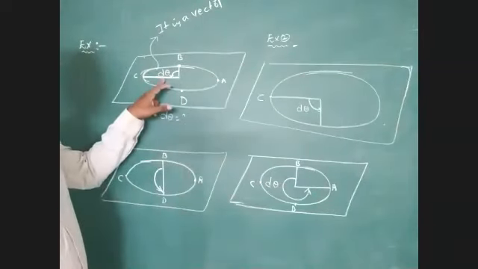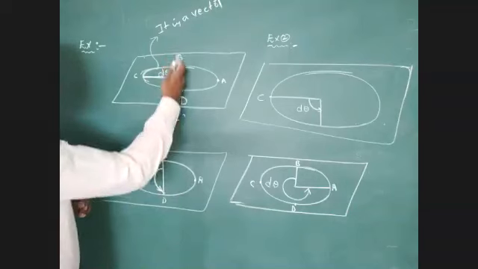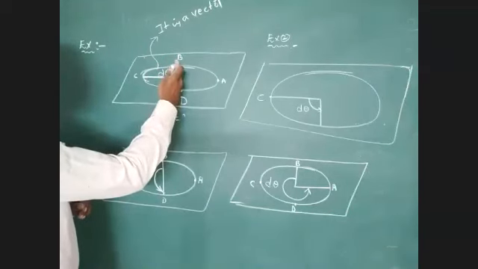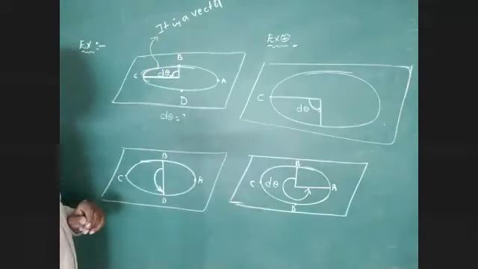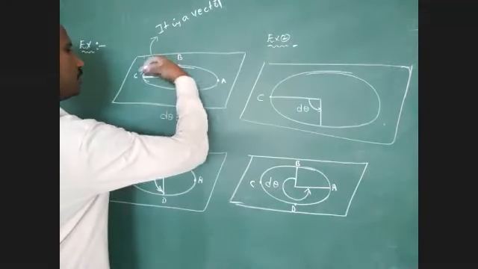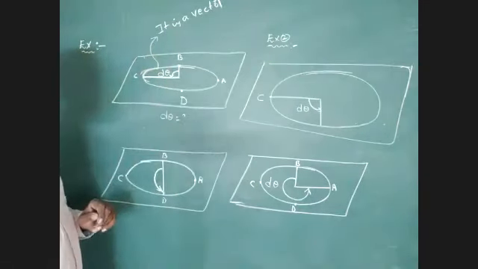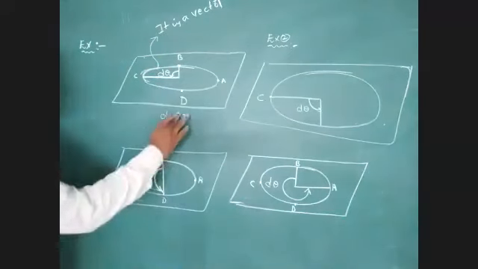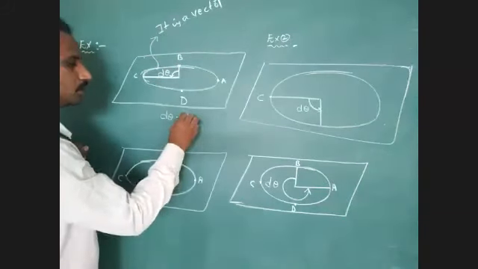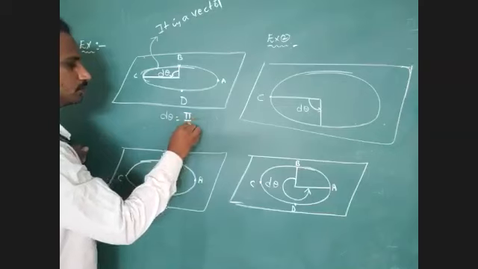First one, d theta. The initial position of the object in the circular path is at point B. Here the radius vector sweeps 90 degrees. So d theta equals pi by 2.